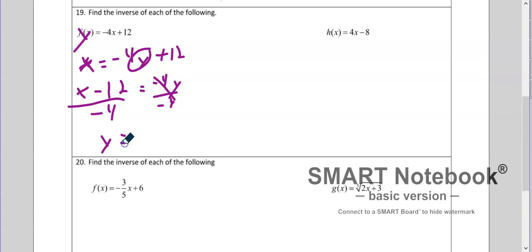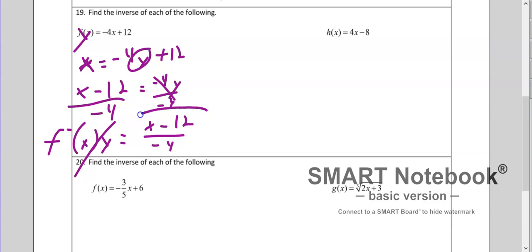So that's y equals x minus 12 over negative 4. Or technically, f negative 1 of x. You can write it either way. That's your answer right here. And no, you cannot just cancel the 4 into the 12 because it's a binomial on top.